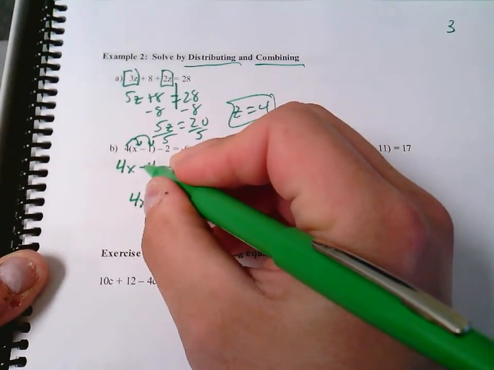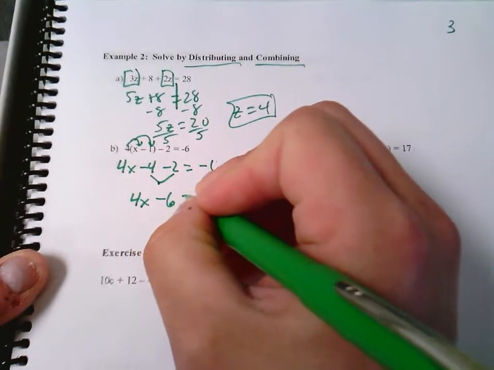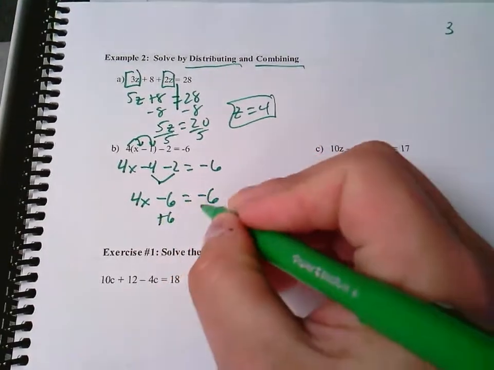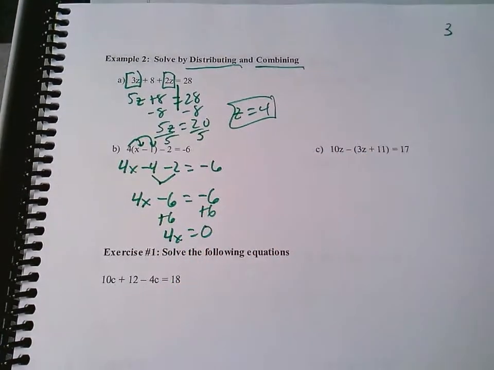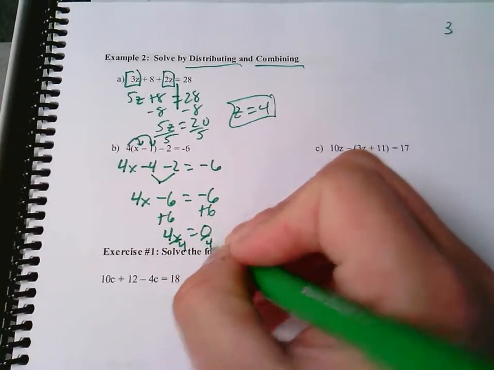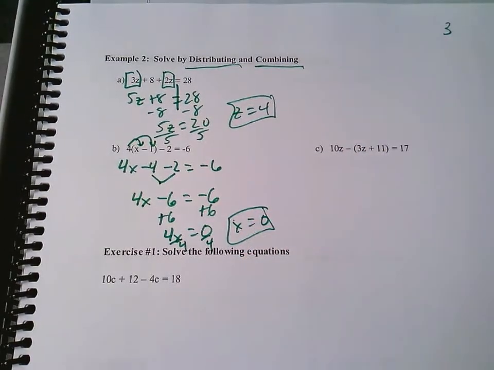Remember what happens when you combine two negatives. -4 combined with -2 is -6 equals -6. And then from here, I'm going to add 6 to both sides. 4x is equal to 0. Okay, and when you divide by 4, you get x is equal to 0. All right, so we actually get 0 on that one.